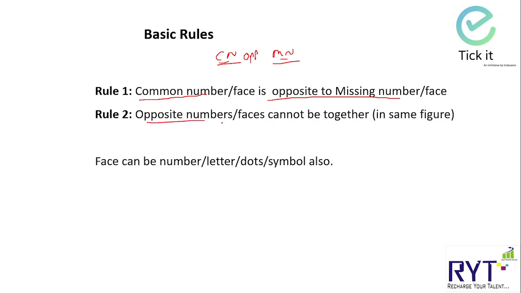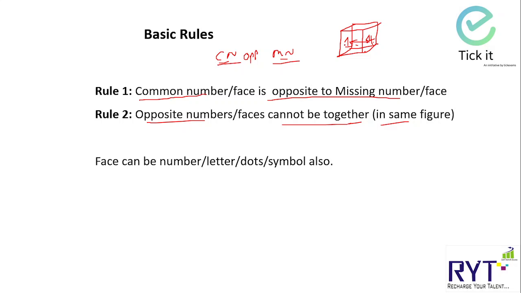Rule number 2: opposite numbers cannot be together in the same figure. For example, say I have number 1 written on this side, and this side you have number 4. These two are opposite sides.